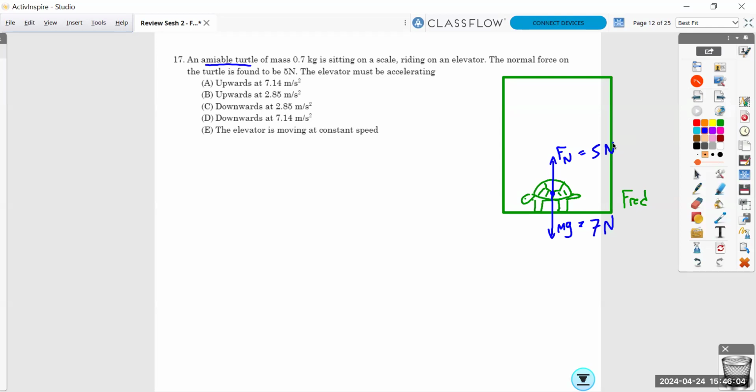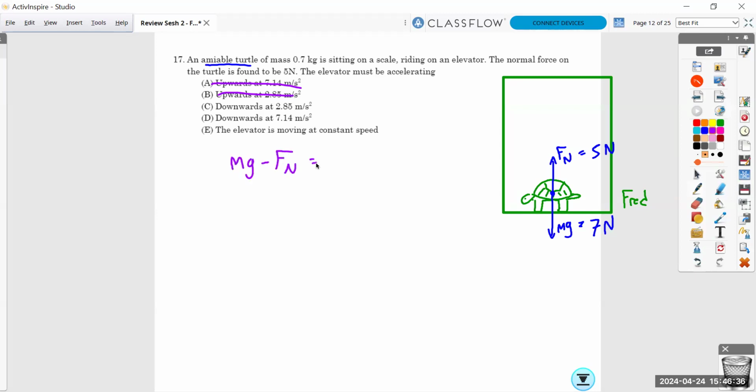Down. Yeah, the turtle is accelerating downward, and I know that because the downward force is stronger than the upward force. That's where you have to read between the lines a little bit, otherwise you might just think there's a normal force of 5 newtons up and your turtle's going to go into the sky. In this case, if I wanted to find the acceleration, what should I do? Gravity minus the normal.